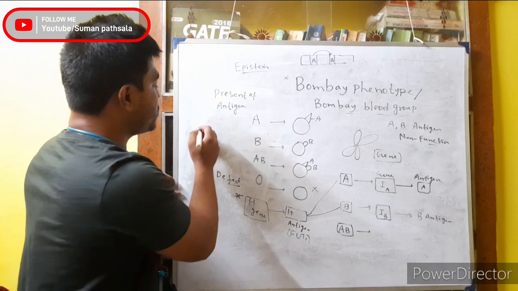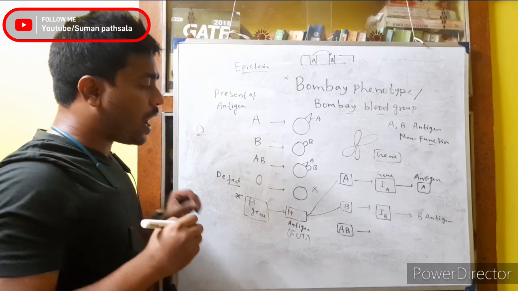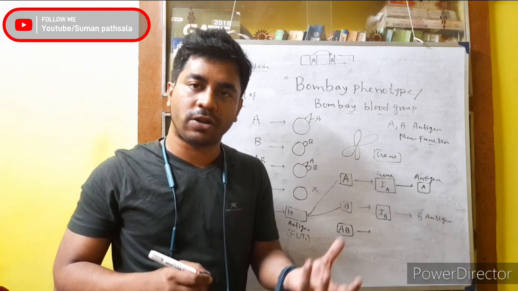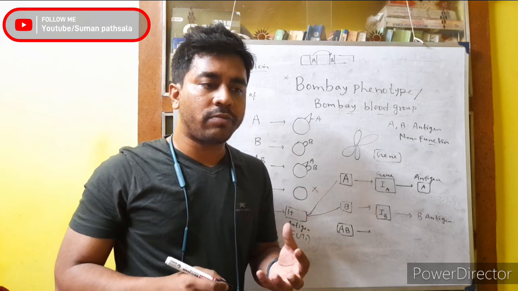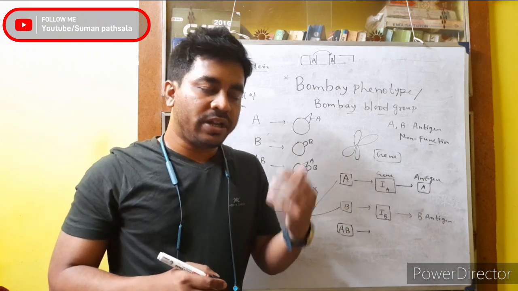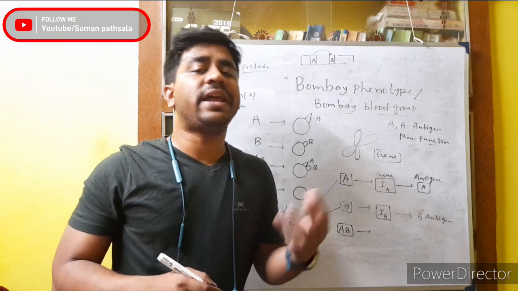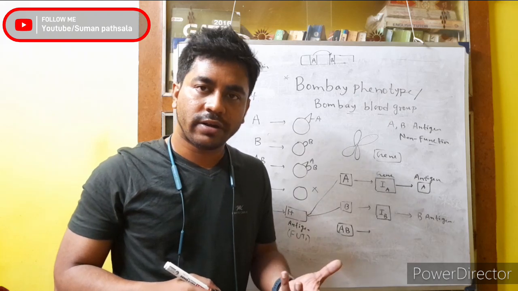Now the question arises in your mind: if any patient has the Bombay blood group, from where can they take blood when they need it? It is the same as O. We all know O is the universal donor, right?